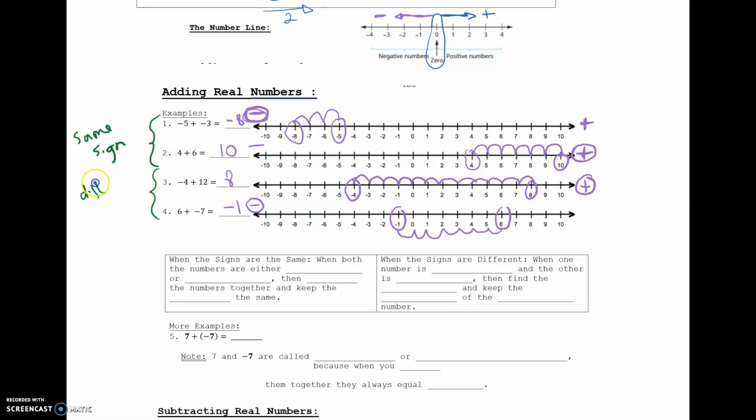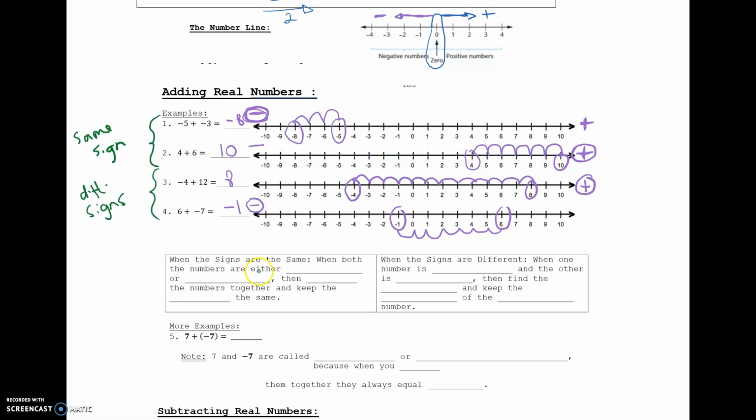So different signs. Okay. So if I notice, for example 1, my first example, both numbers are negative, and I end up with a negative number. And for my example 2, both numbers are positive, and I end up with a positive number.